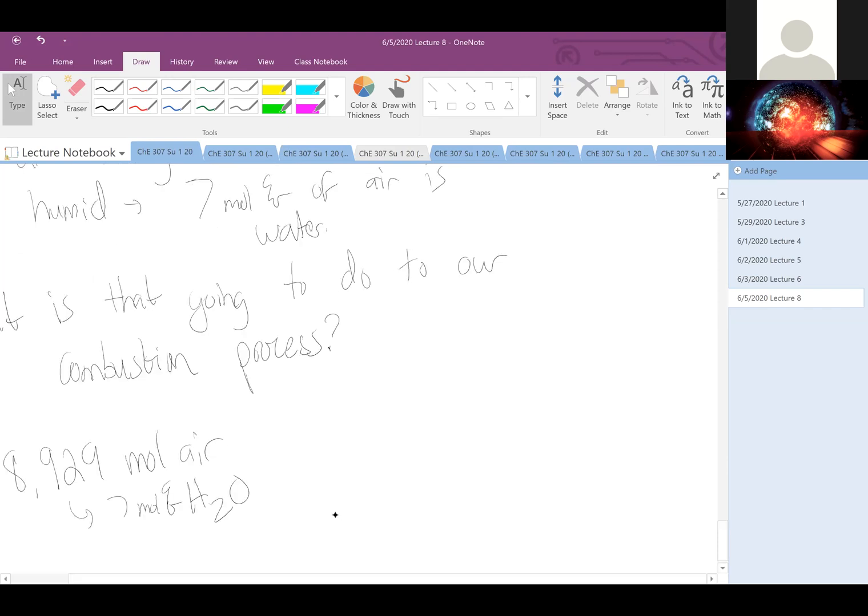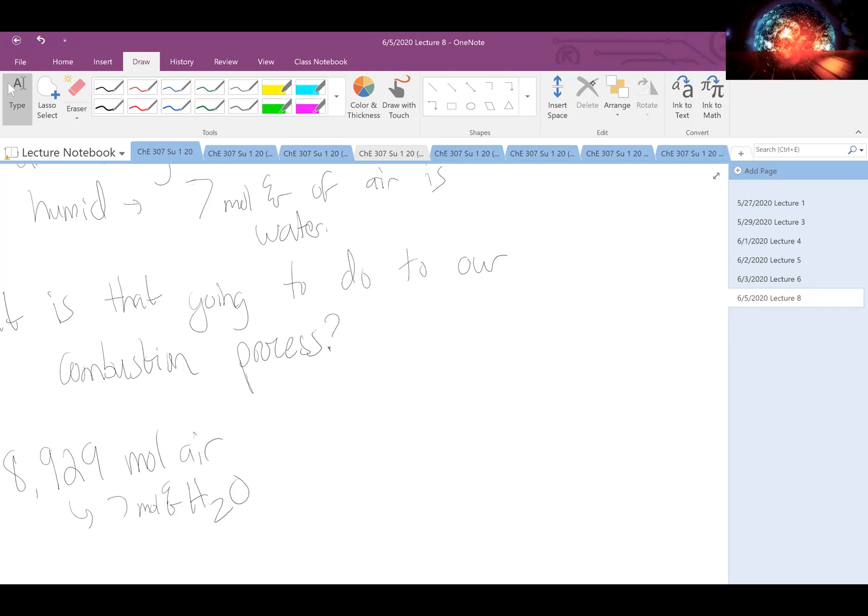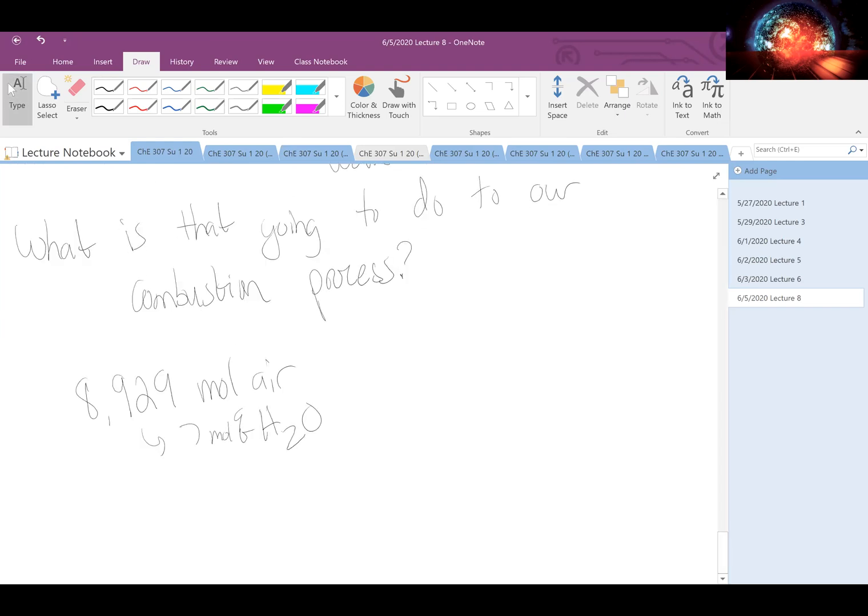You'll have to bring more air in to supply the oxygen. Right, because as the amount of humidity rises and the amount of water in that air increases, the relative amounts of nitrogen and more specifically oxygen in that air falls.